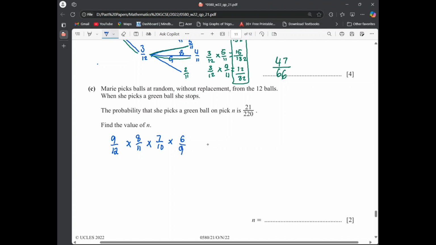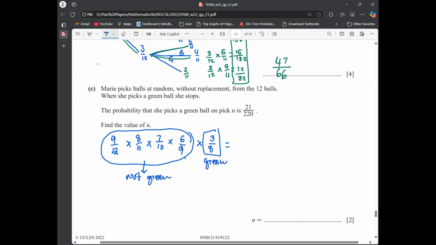And of course, the probability of picking a green ball is 3 out of 8. Now, all these picks here, if you think about it, these probabilities are not green, and this is the probability of picking the green.